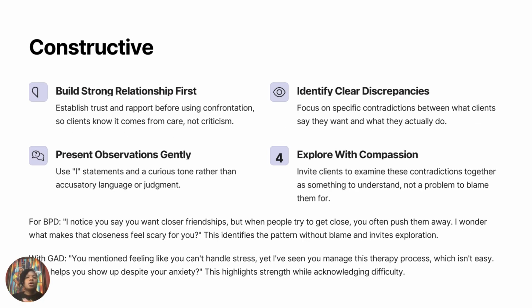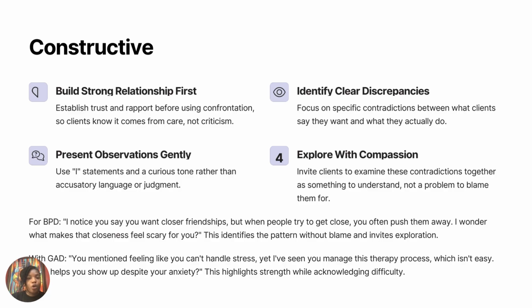If you're going to be constructive with a client, make sure you have a strong relationship first. Make sure trust and rapport is established. Make sure you use I statements in a curious tone rather than accusatory language or judgment.